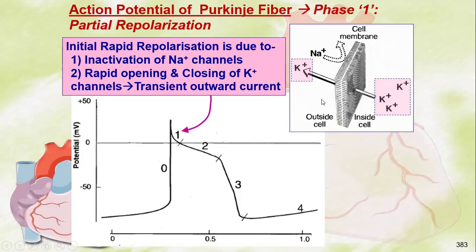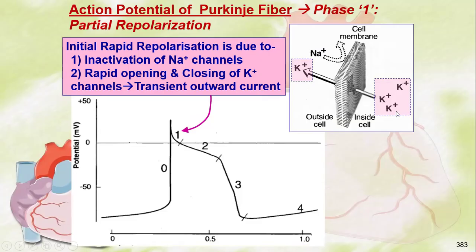And the reason why it's happening is that in the normal state, potassium inside the cell is more, whereas potassium outside the cell is less. And as everyone knows, the movement of ions will happen from higher to lower concentration.